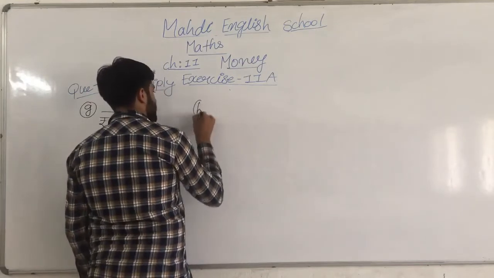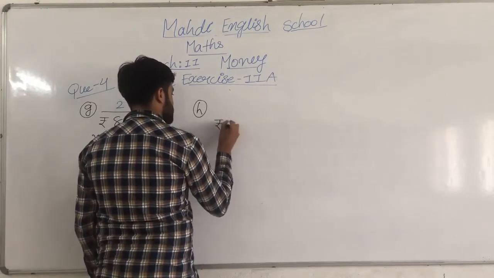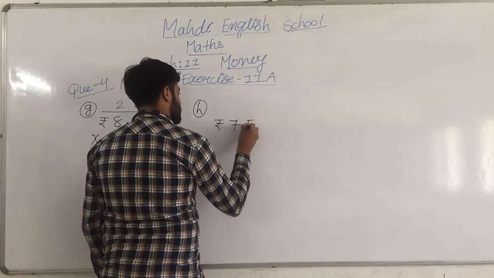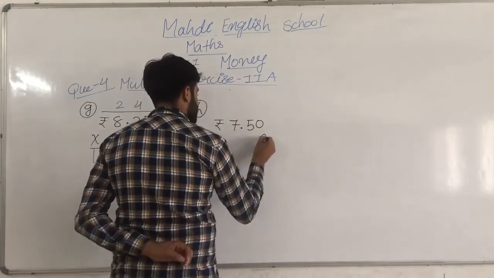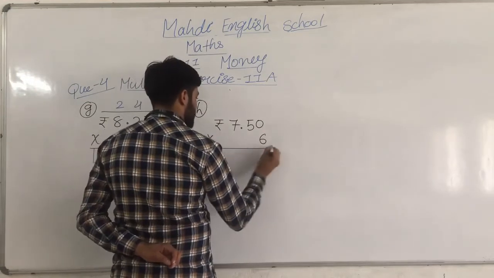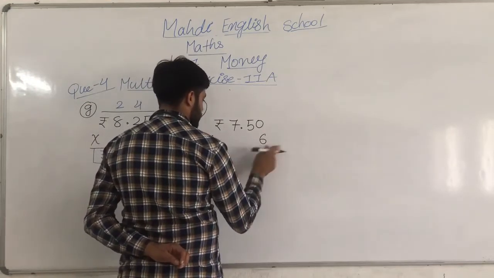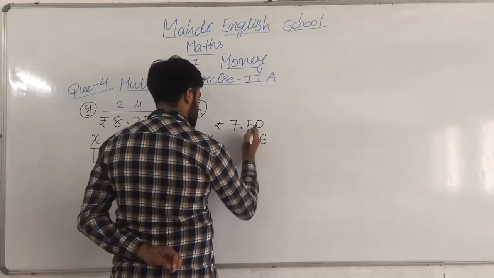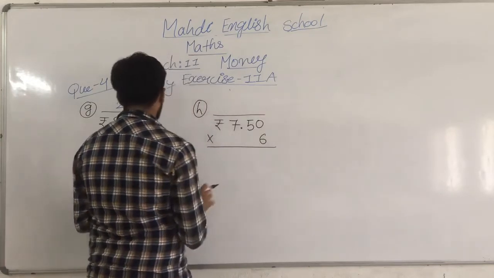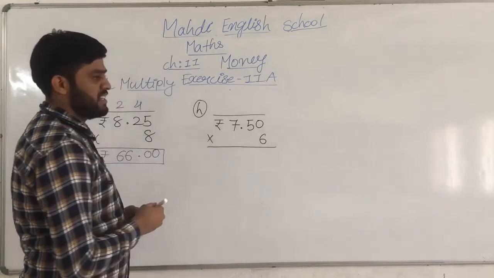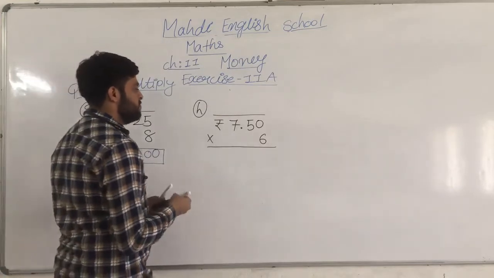Question number H: 7.15 multiplied by 6. So now let's start. We are going to solve this sum.